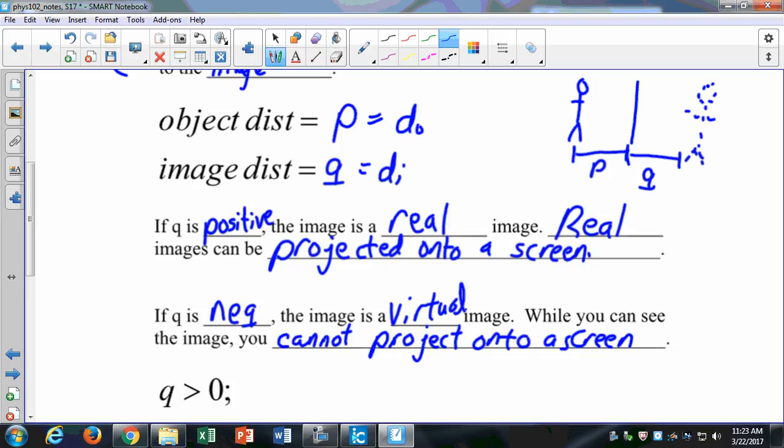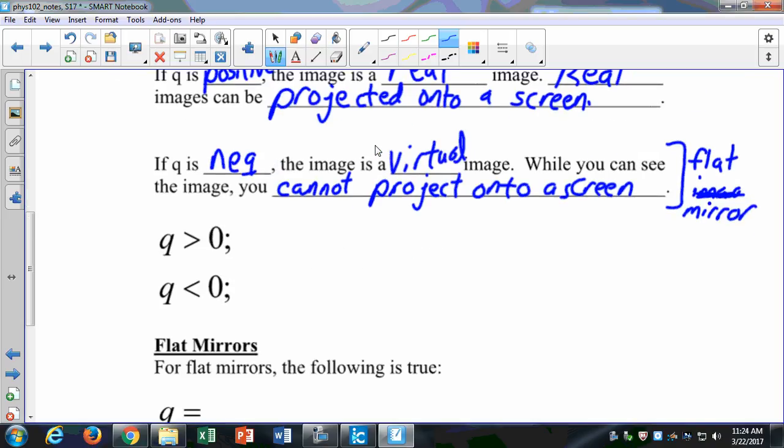This is like the image in a flat mirror. So the image of a flat mirror is always a virtual image. So, if q is greater than 0, real image. If q is less than 0, virtual image.